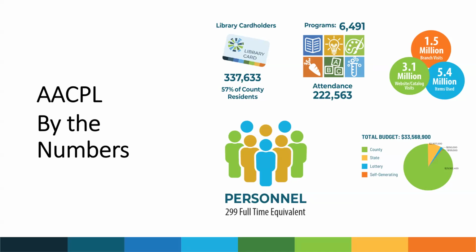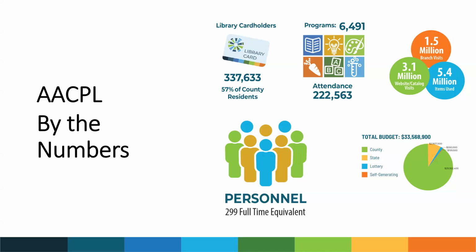Some numbers, we always talk about numbers in library land. So for the library, our card holders represent 57% of county residents, which is a pretty good statistic. We provided in the past fiscal year 6,491 programs and had an attendance of 222,563 participants.